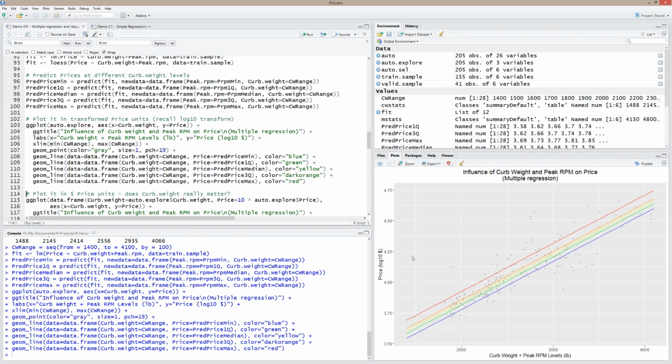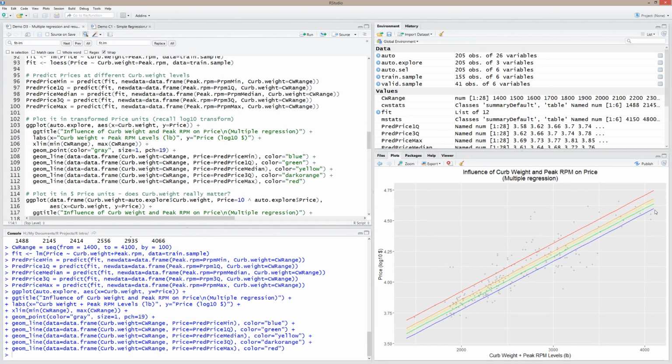Okay, here we are. As you can see, when we have the lowest possible value for the peak RPM, it actually has the lowest predicted price. The highest value for the peak RPM corresponds to the highest predicted price across all ranges in peak RPM.